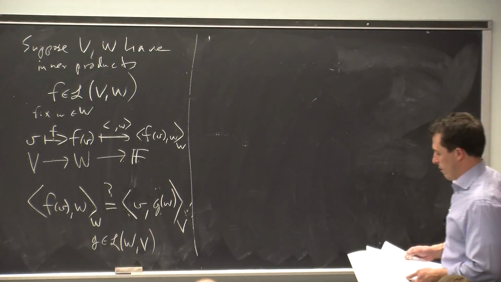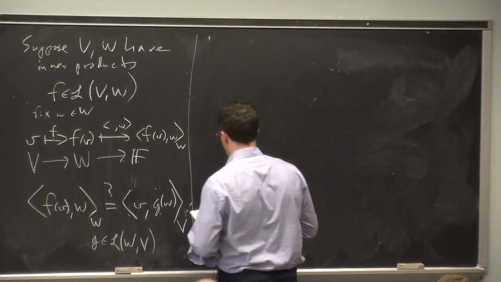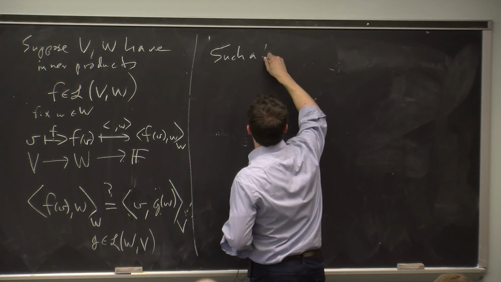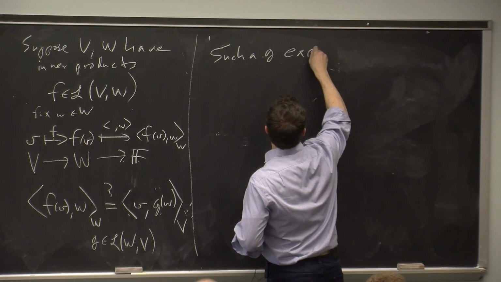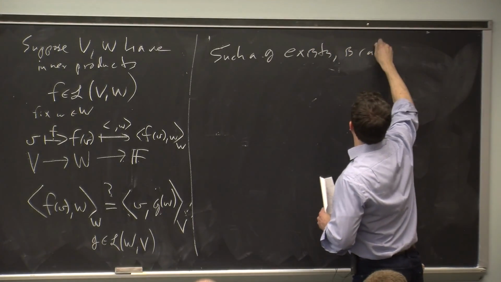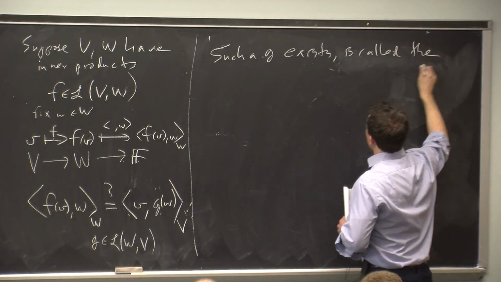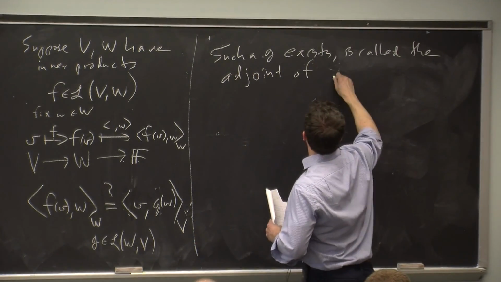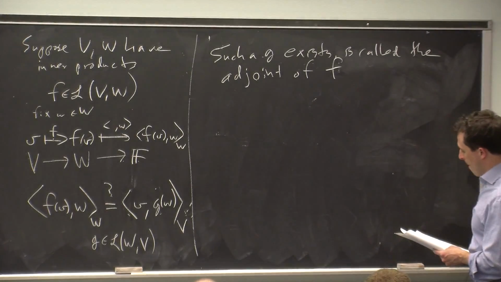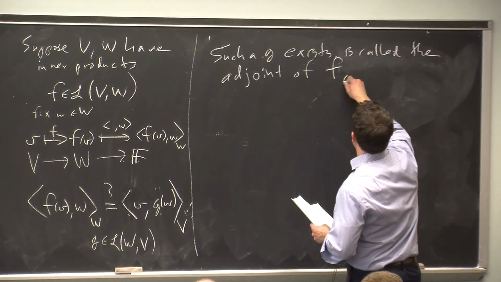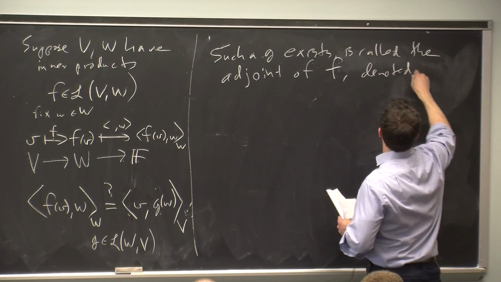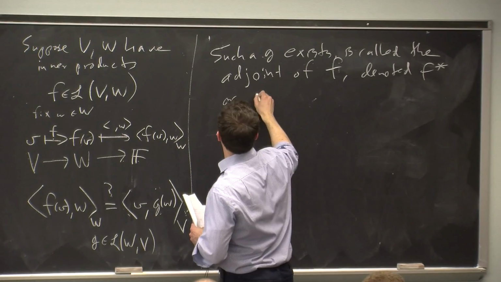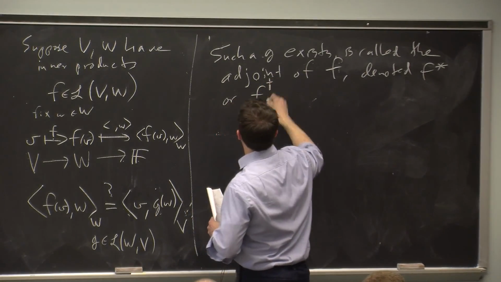It's called the adjoint of the linear transformation F. And it's denoted F star, or sometimes F dagger.